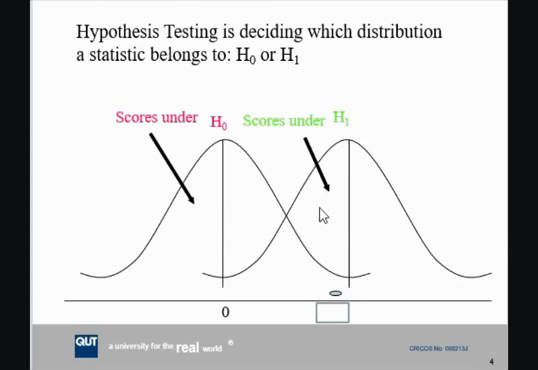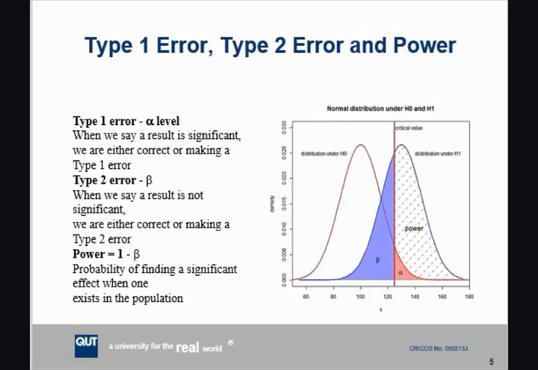And remember, we usually set our cutoff levels at the point where there are less than 5% of scores in the extreme tail. So of course, every time we make a decision, it is based on probability, and therefore we have a chance of making an error.